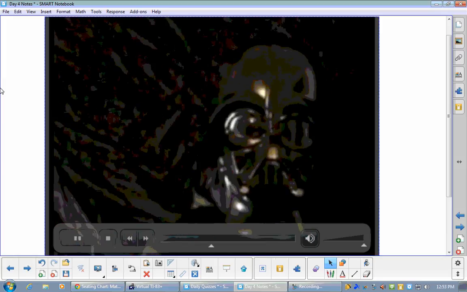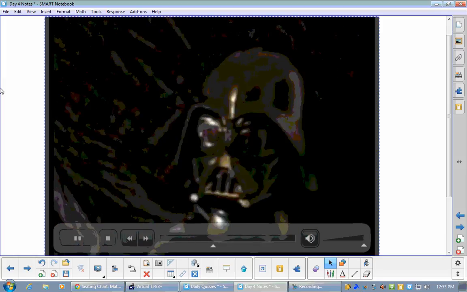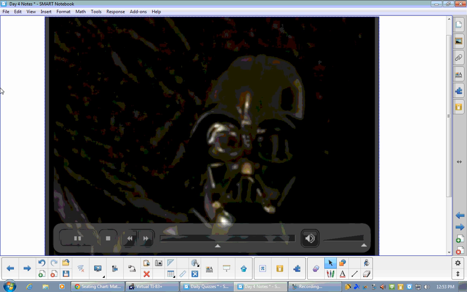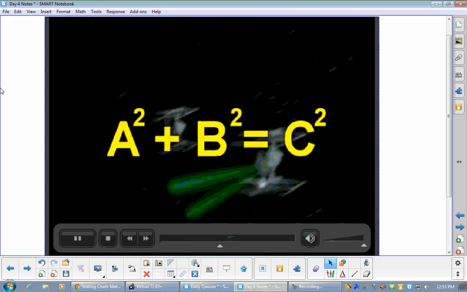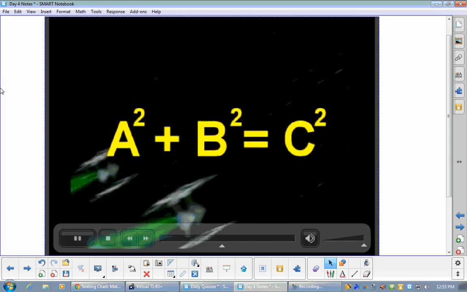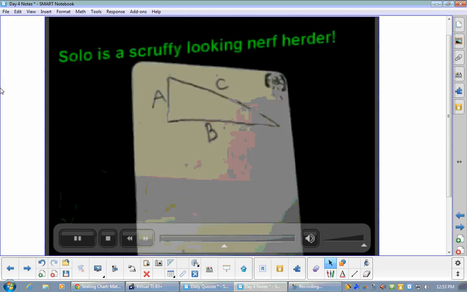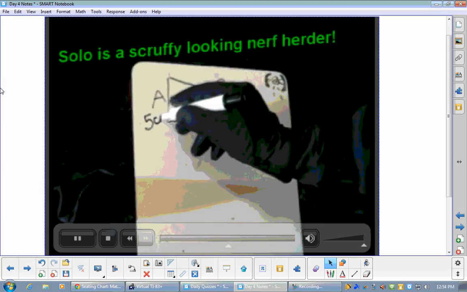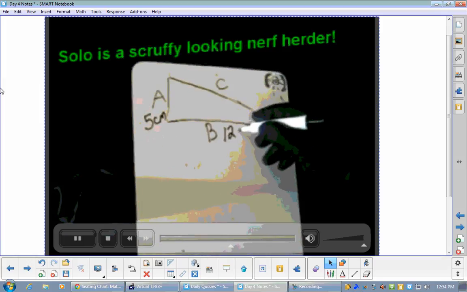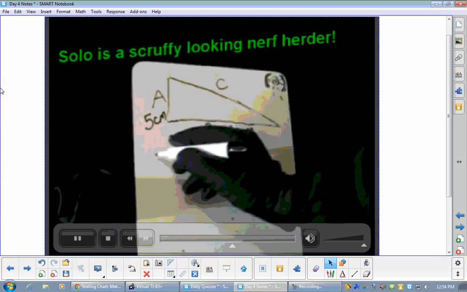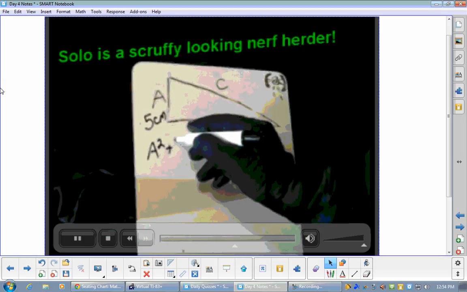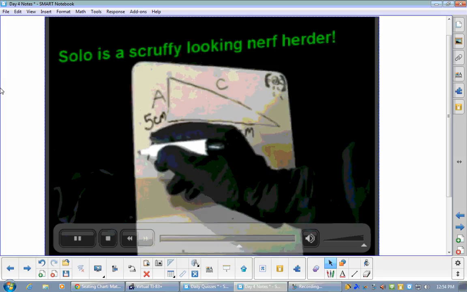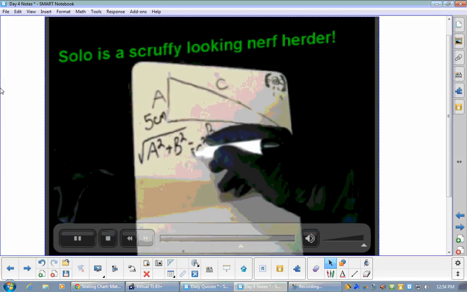The Pythagorean theorem states that the sum of the squares of the two short sides equals the square of the hypotenuse. A squared plus B squared equals C squared. All too easy. Let's look at an example. The side A is 5 centimeters long, and side B is 12 centimeters long. A squared plus B squared equals C squared, according to the Pythagorean theorem. You should be using lowercase letters, though. Both sides to isolate C.